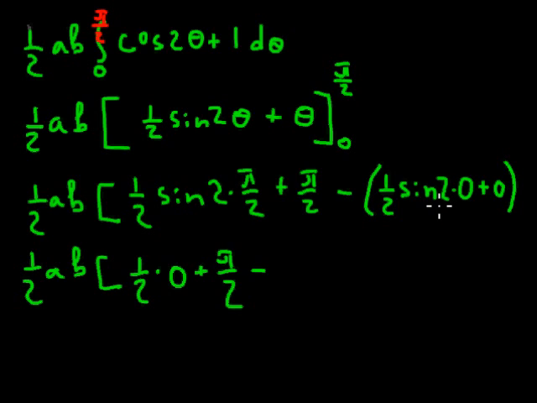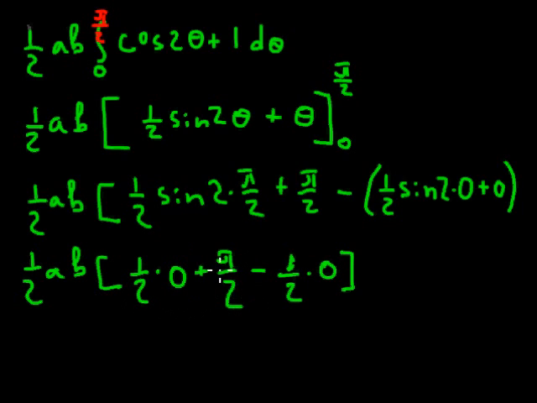Sine of 0 is just 0, so it's 1/2 times 0, and plus 0, which just goes away. So here we have 1/2 times 0, 0, and minus 1/2 times 0, 0. So here is just pi over 2 left in this bracket. That's the only thing that's left.